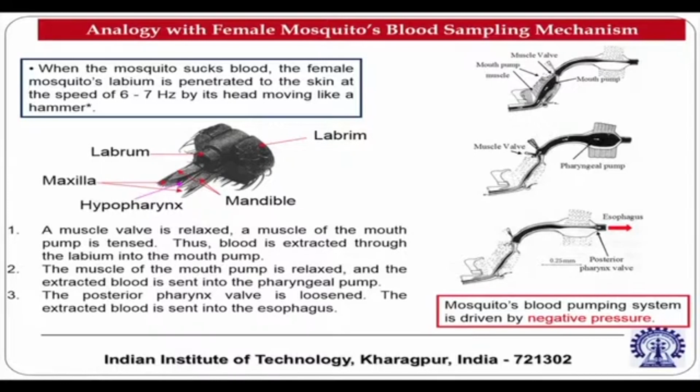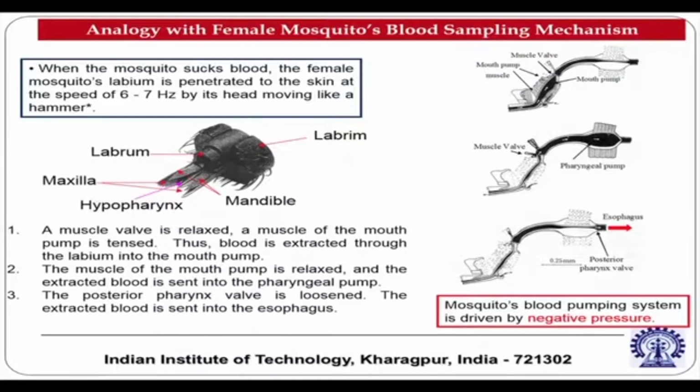When the mosquito sucks blood, the female mosquito's labium is penetrated into the skin at the speed of 6 to 7 hertz when its head is moving like a hammer. Many of you might argue that we never feel that it is a painless process, we feel an irritation, but this irritation is more because of a chemical irritant that the mosquito spreads on biting, it is not because of any mechanical insertion pain.